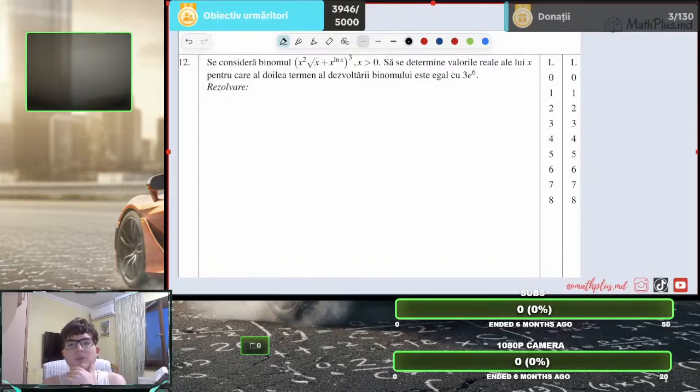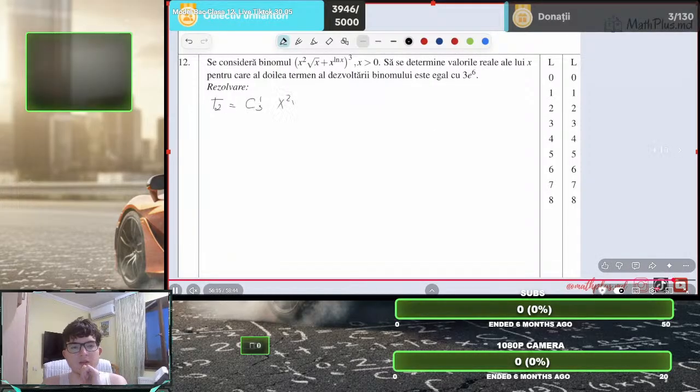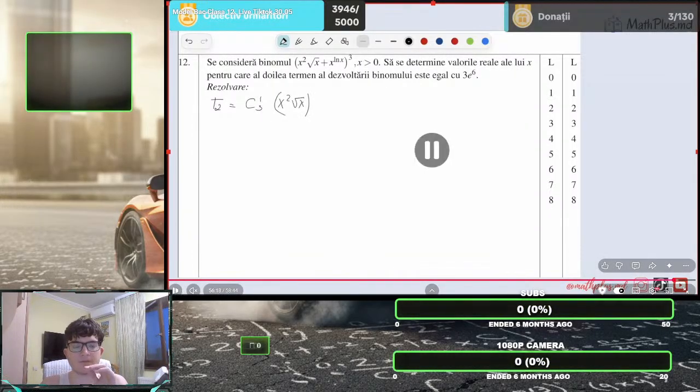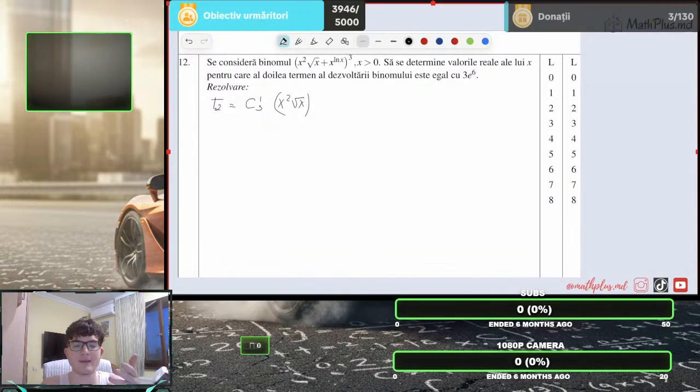There we go. So basically we got a formula, right? We plug everything in, n is free because we got everything given. So plug in what we can, equal with 3e to the power of 6, and find x. So first of all, go with the c. It is the second term, so 3 choose 1, because 1 plus 1. And then we just plug in the other stuff, so I don't even need the formula in the test. I have already memorized the formula in my brain. So n minus k, 3 minus 1, 2.